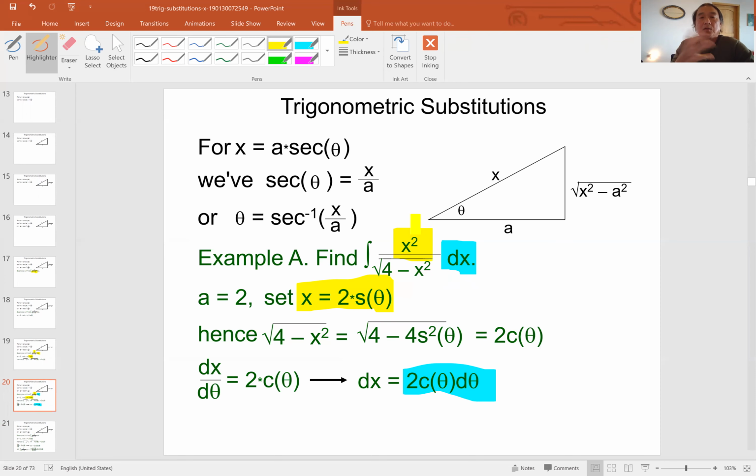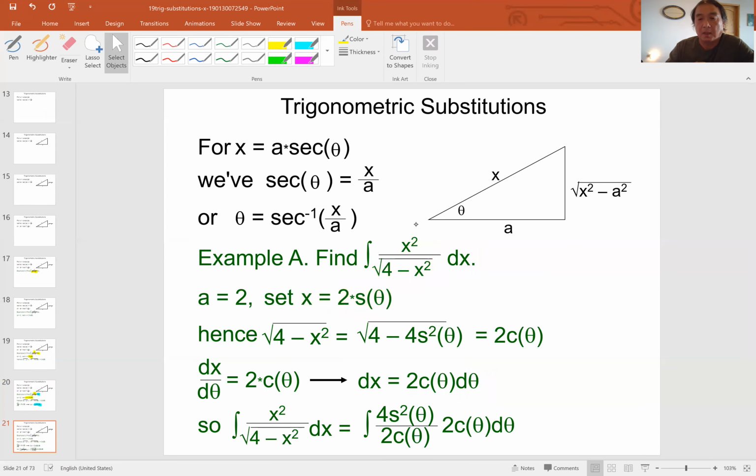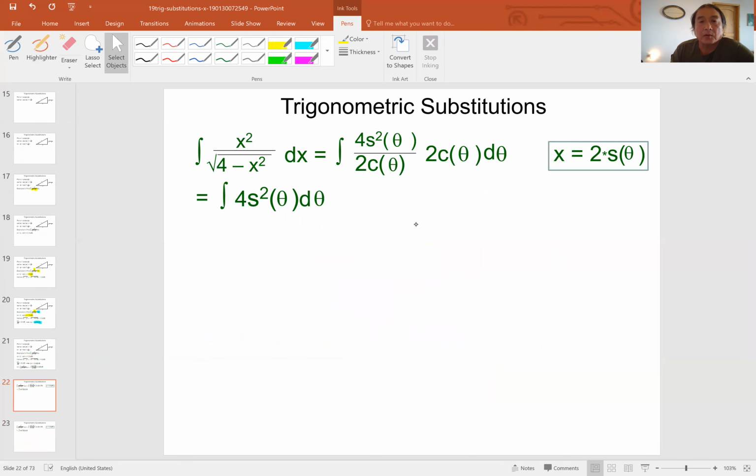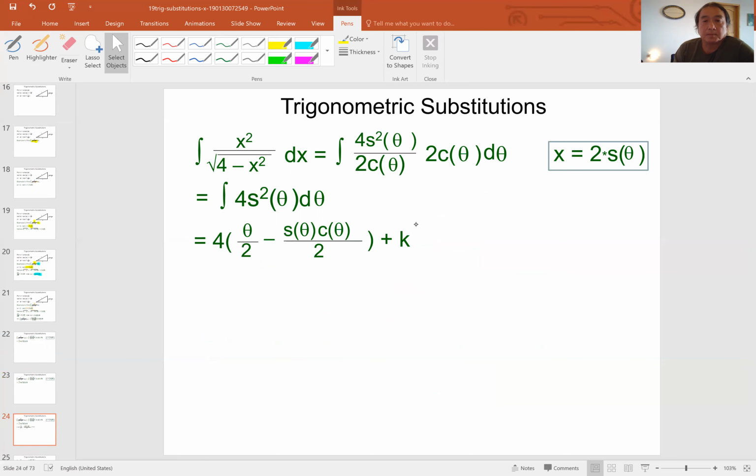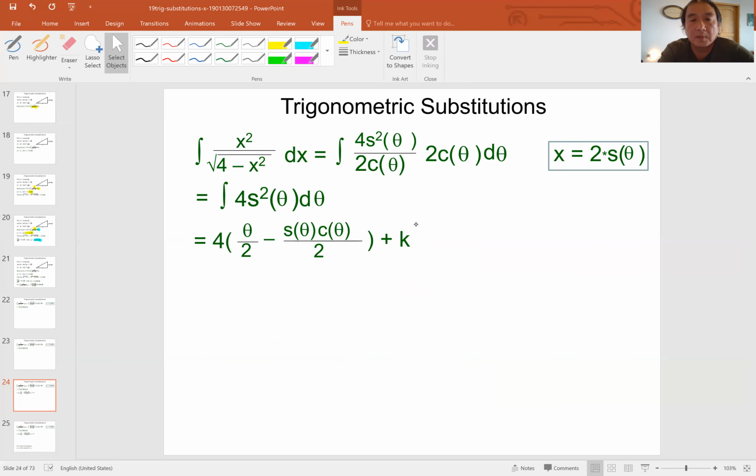In sine or cosine, meaning that they're going to turn into an integral of powers of sines and cosines, and that's why we did the link up with powers of sines and cosines. So you do a little algebra and wind up integrating 4 sine squared, which we know how to integrate, and then it comes out. So the answer comes out in theta.